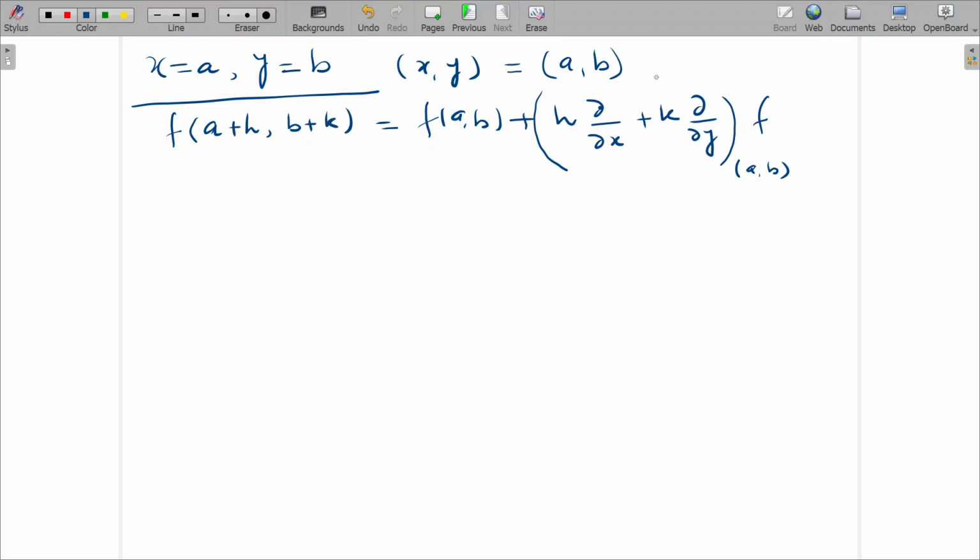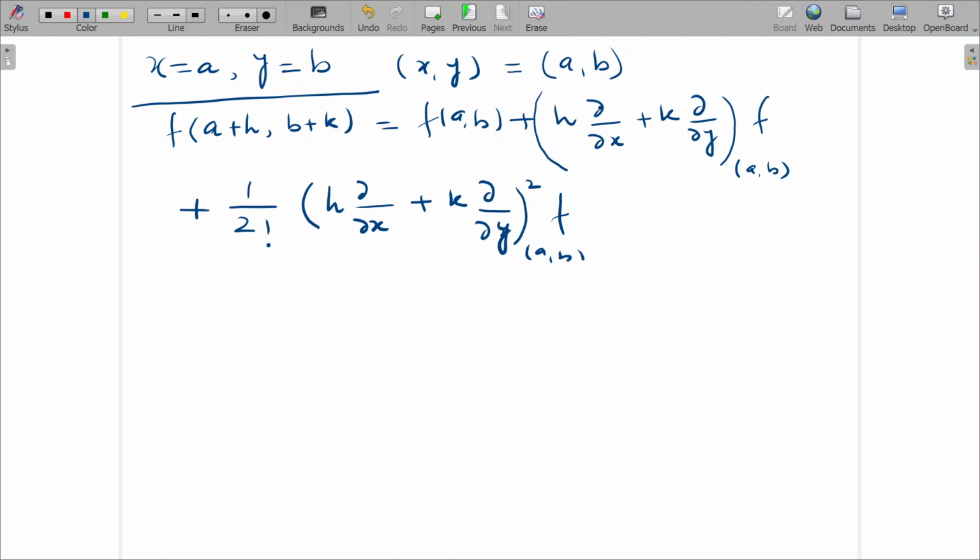And of course the next will be the second order derivatives, which in short you can also write like this. We have to find the values of these second order derivatives at the point (a,b). So this is the particular case of the Taylor's expansion about a certain fixed point.